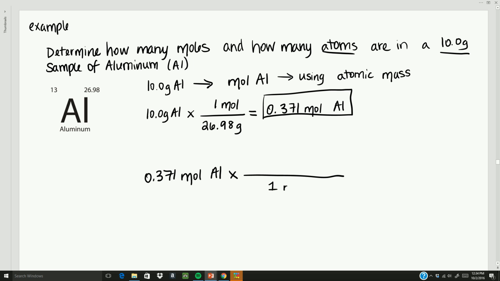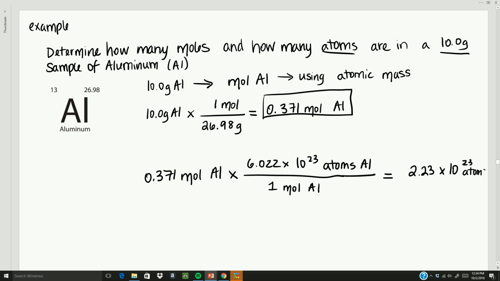So for every 1 mole of aluminum, there is 6.022 times 10 to the 23rd atoms of aluminum. Alright, so basically now all we do is multiply the 0.371 moles times Avogadro's number, and that comes out to be 2.23 times 10 to the 23rd atoms. So that's our final answer there.